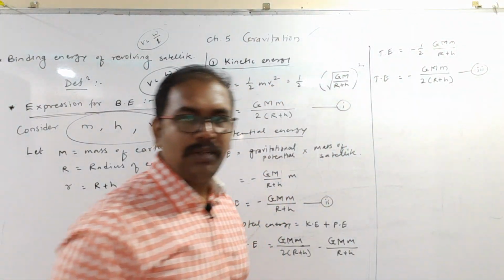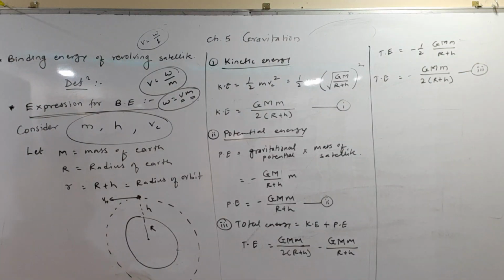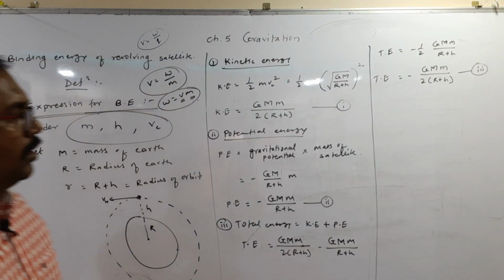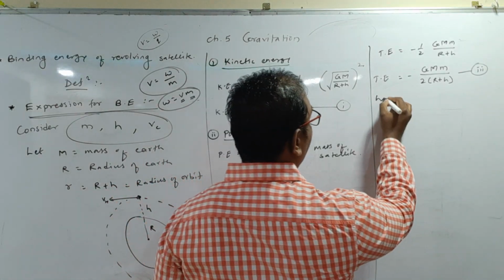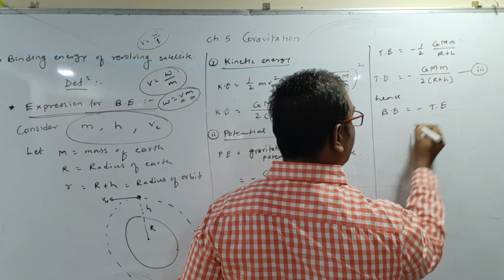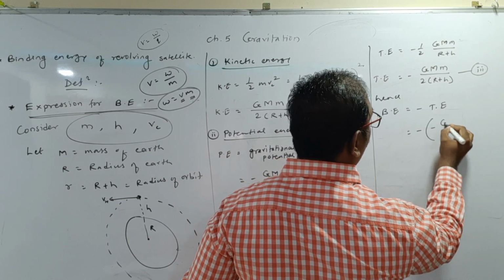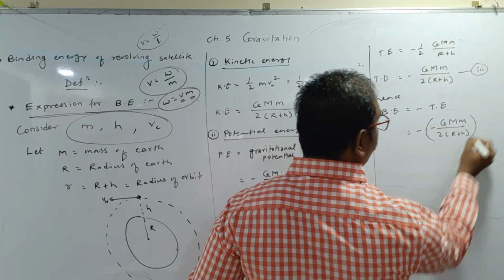So we get total energy with which satellite is bound to Earth. And if you want to make it free from that point, we have to provide the same amount of energy, but in the opposite direction. Hence, binding energy is equal to minus of the total energy. This minus and the total energy is already minus, so this minus is plus.